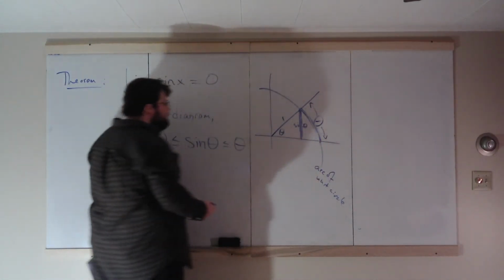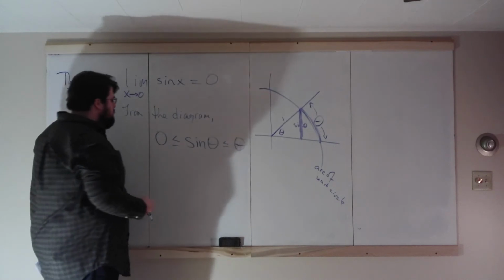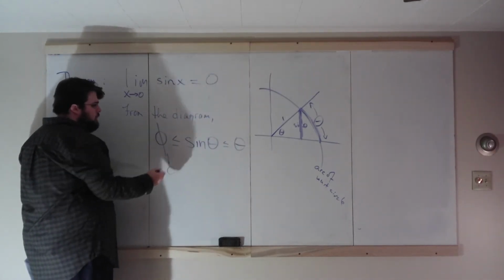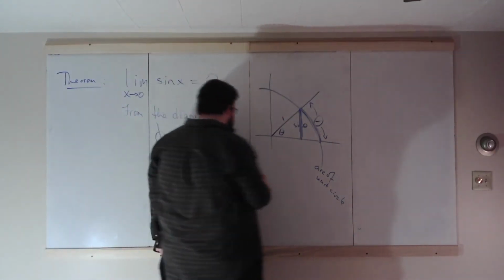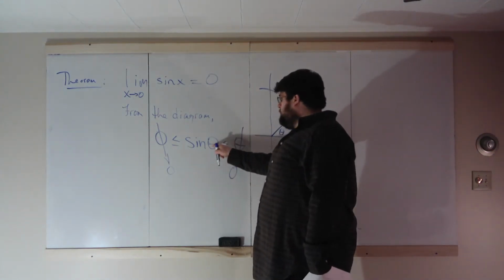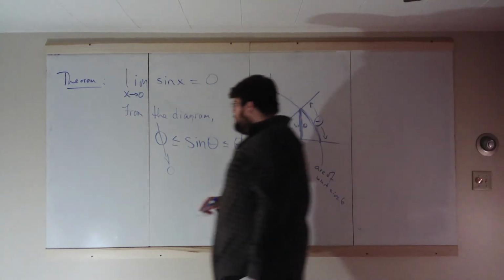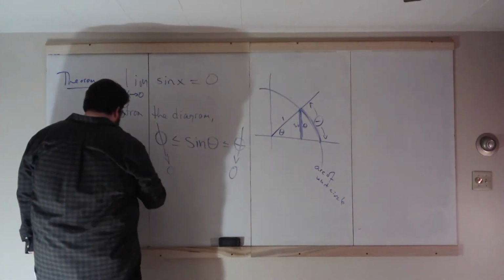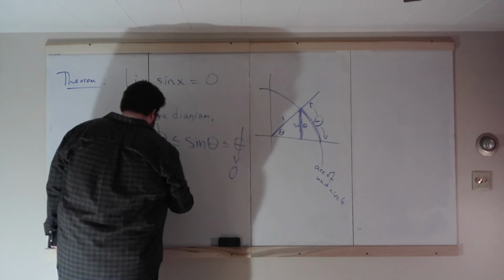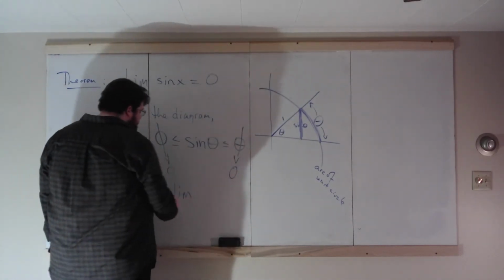that curved length theta. Well, we want to know what happens as the variable goes to 0. Well, this goes to 0 because it's just 0. 0 doesn't change as theta goes to 0. This is theta. As theta goes to 0, theta goes to 0. So therefore, the limit on this side is 0, the limit on that side is 0.